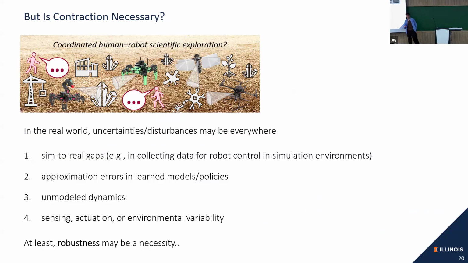There are different situations, right? A lot of my students and postdocs are doing robotics, and in robotics there are always uncertainties and disturbances. The biggest one is called the sim-to-real gap, which is basically the gap between simulation and reality. Meaning, in robotics, sampling data can be expensive, right?